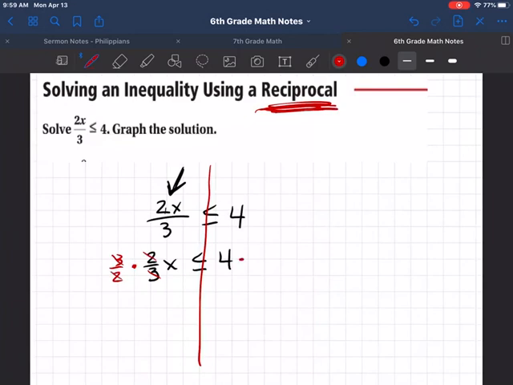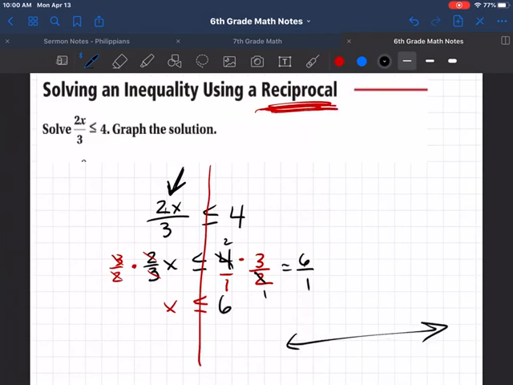So if I multiply it by 3/2, remember that these all cancel out. So I multiply this side times 3/2. I'm left with x is less than or equal to, and then 4/1 times 3/2. And we know we can cancel these, or factor out a 2. 2 divided by 2 is 1. 4 divided by 2 is 2. And we end up with 6/1 or 6.